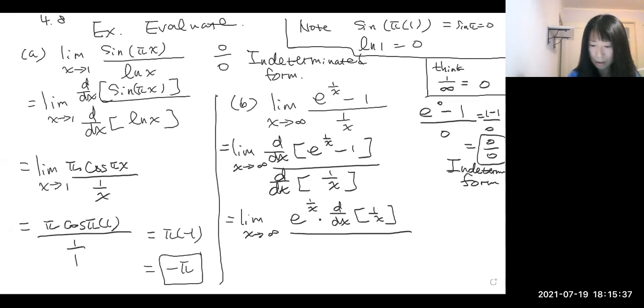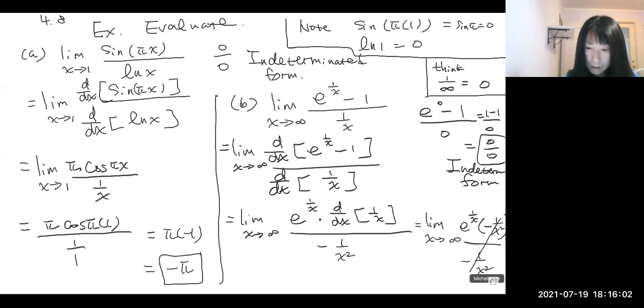So we get e to the 1 over x, then minus x squared, right? Good, very good. Okay, how about the denominator? Okay, thank you. So you guys participate very quickly. Thank you so much. All right, then let us simplify. Yes, thank you. You guys are really quick.